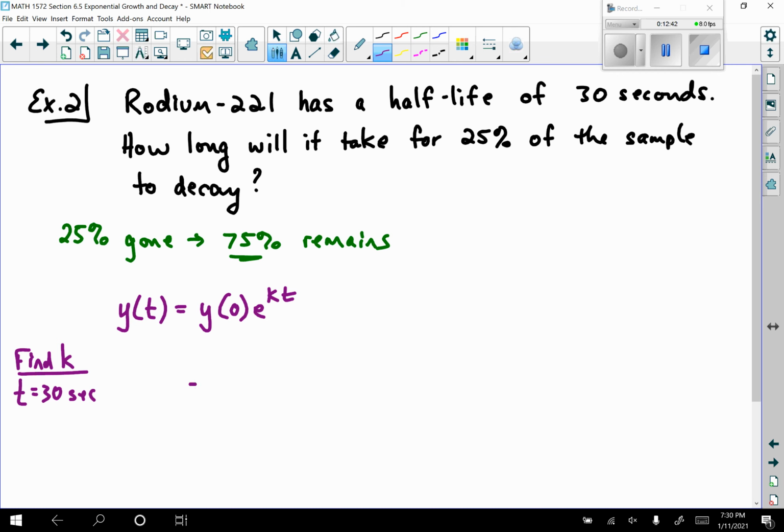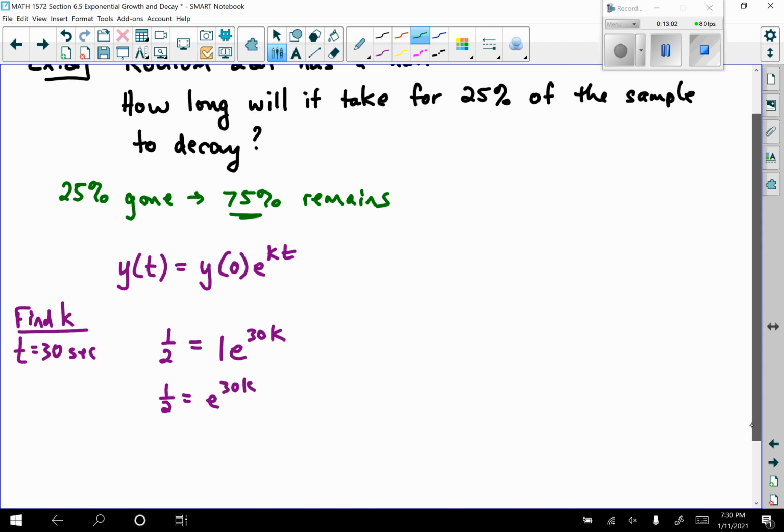Then half of that would just be 1/2, and then that would be times e to the 30k. So really, we don't even need that 1 here. We would just say 1/2 is equal to e to the 30k. Again, we'll take the natural log of both sides.